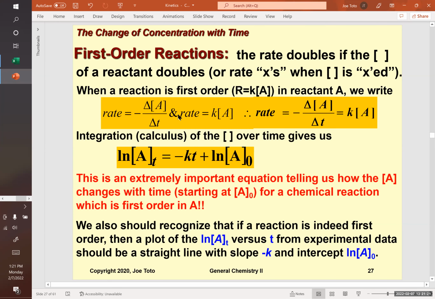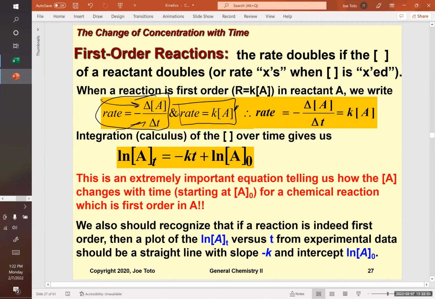Okay, so some of you who had calculus might be interested in how that integration process works. Real quickly, for those who have calculus, you make a new equation that relates the integrated rate law for first order to the way that the rate changes, in terms of the change in concentration of a reactant with time.